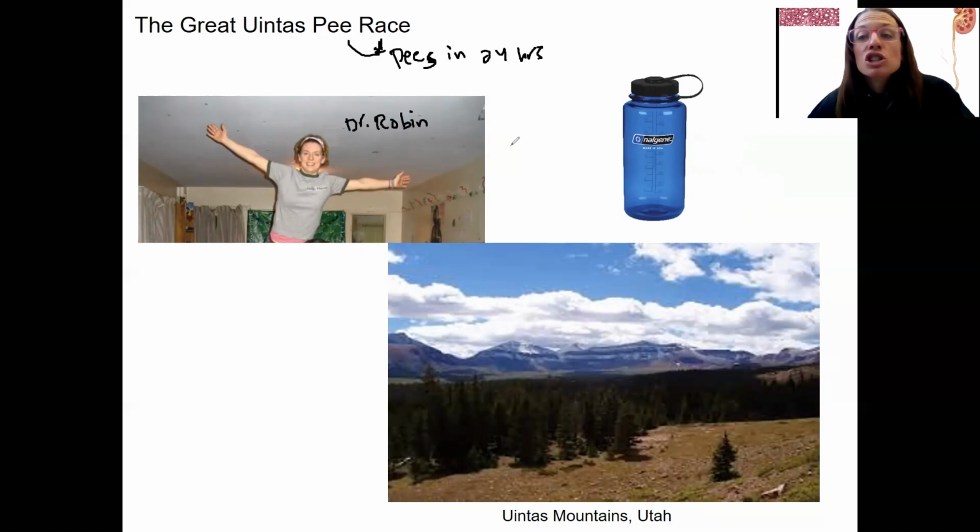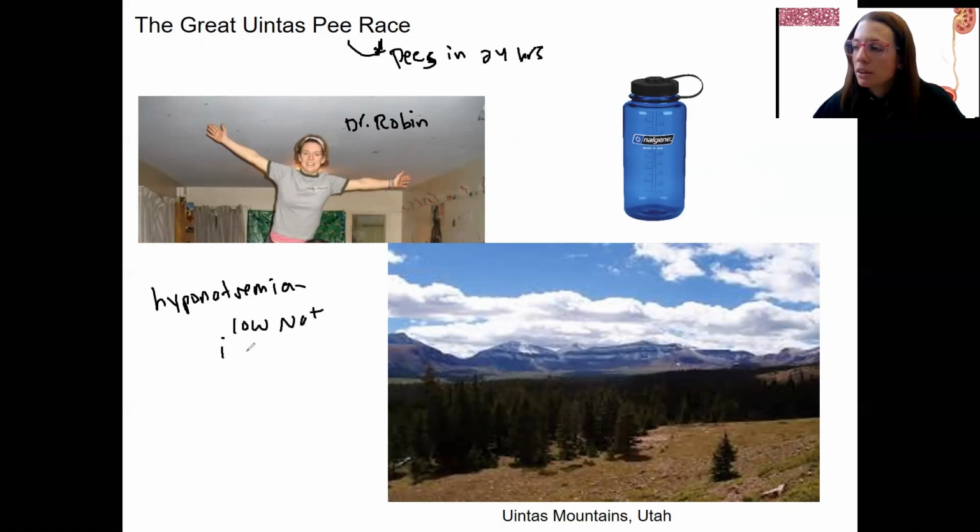Not close, but she did drink a lot of water and peed a lot. What's going to happen? You're going to actually flush out your electrolytes. You're going beyond what your body can maintain homeostatically. This is called hyponatremia. I will come back to this when we are ready to look at it even more in detail. Hyponatremia, this is low sodium in the blood.